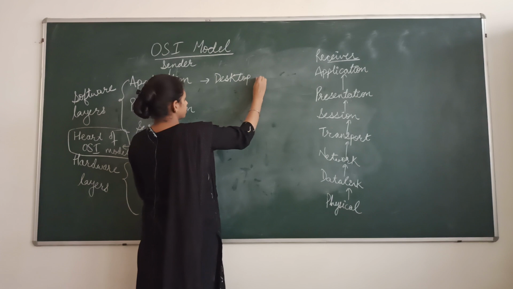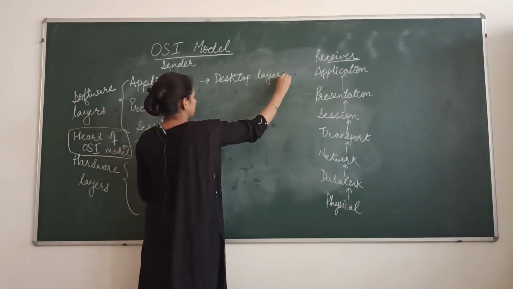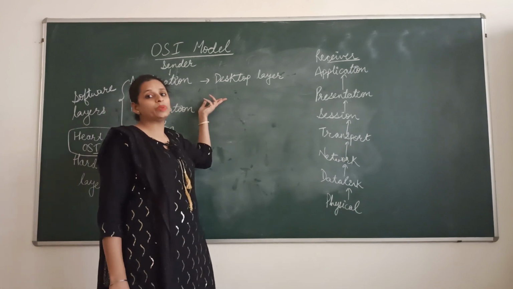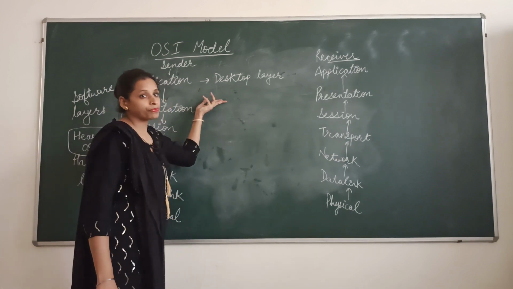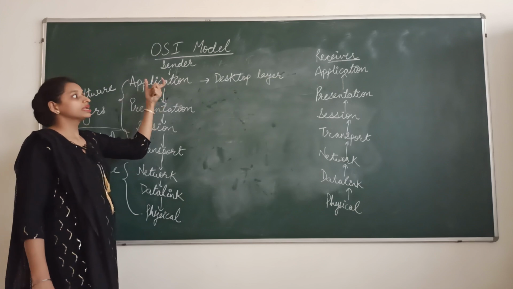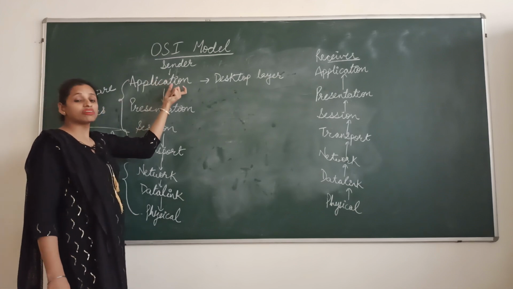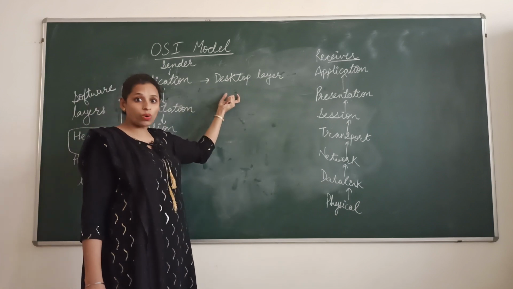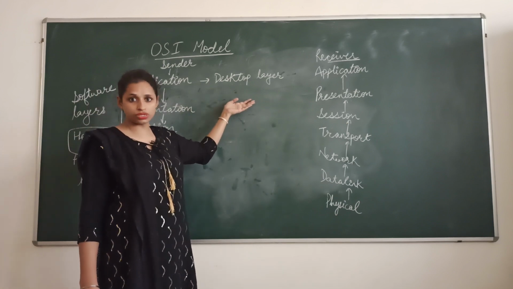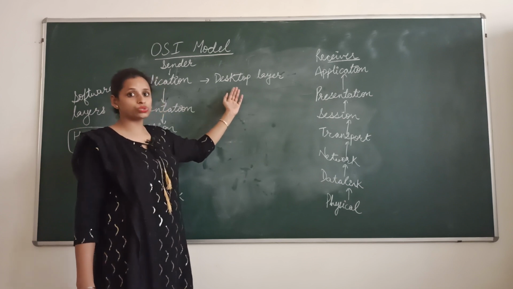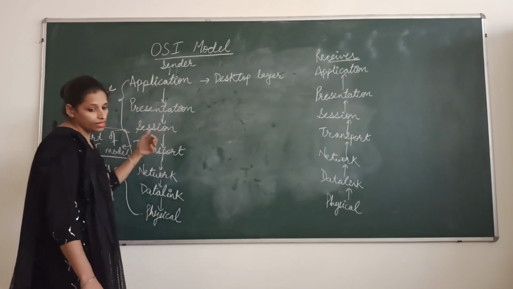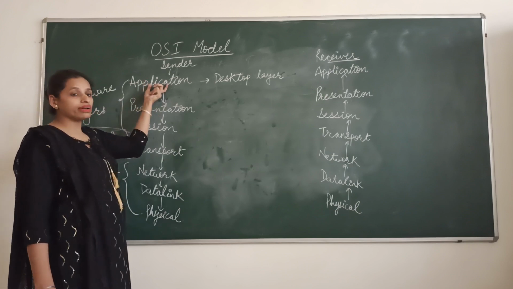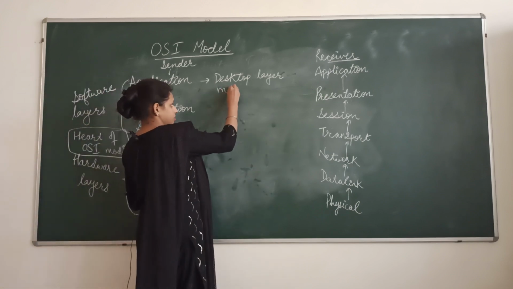This application layer is also known as desktop layer. It is implemented by network applications. In this, different protocols are used for particular applications, which provide services to end users. And then the data in the application layer is in the form of message.